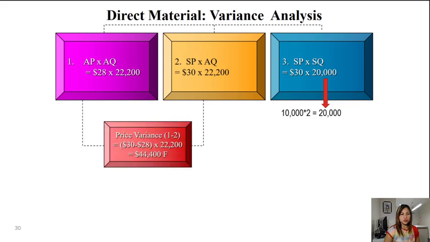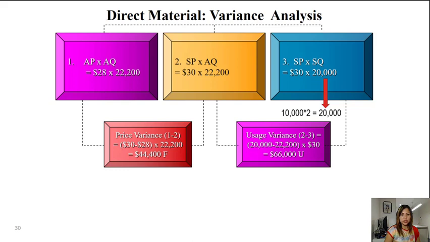To calculate price variance, actual price minus standard price. Remember this one can be the other way around, standard price minus actual price. You will have the same number, but you just need to be careful in interpreting whether it is favorable or unfavorable, times the actual quantity, which is 22,200 square meters that you spend to manufacture 10,000 jackets.